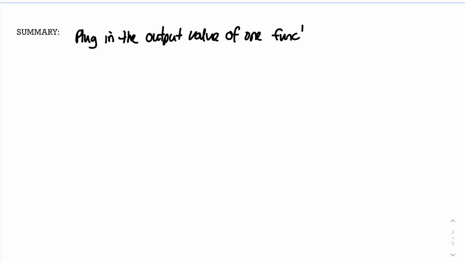So in summary, function composition means we're plugging in the output value of one function into a second function.